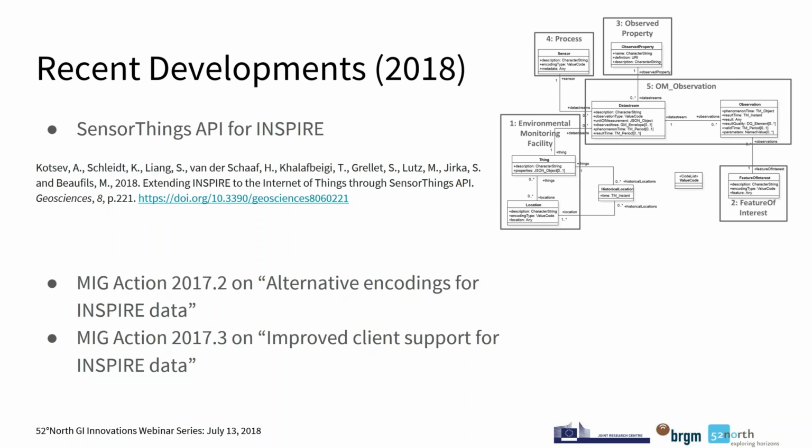Other recent developments within the framework of the Inspire Maintenance and Implementation Group, there are two actions that are currently trying to push for the technological evolution of Inspire that are relevant to our discussion today. The first one is dealing with alternative encodings for Inspire data. By alternative, meaning alternative to GML and XML.